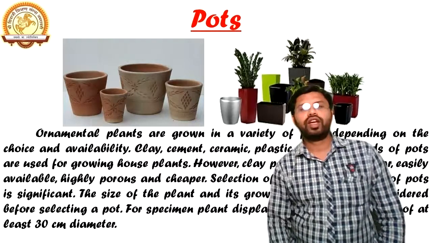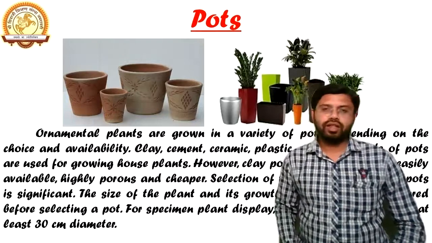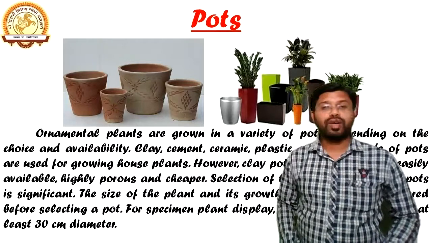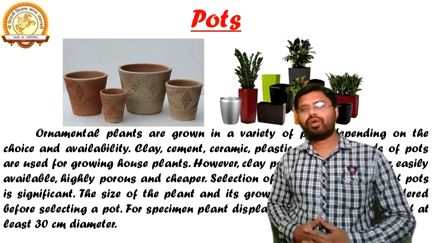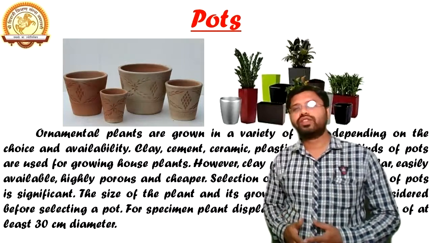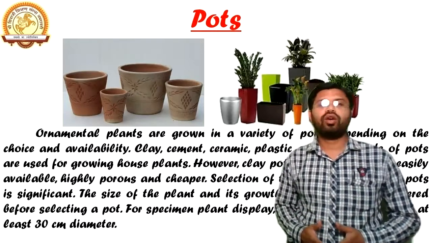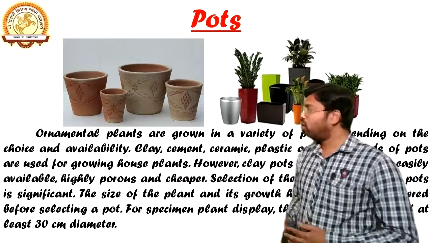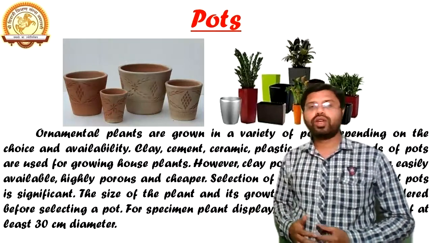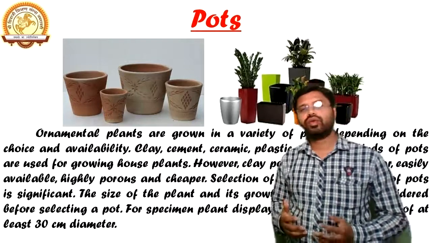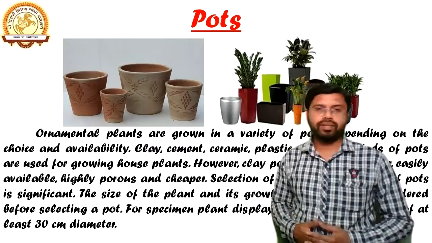If we are talking about potting techniques, the first and major component is the pots. Nowadays, various types of pots are available. These pots have been manufactured from ancient times in all countries, all over the world. The ornamental plants are grown in a variety of pots depending on your choice and ability.